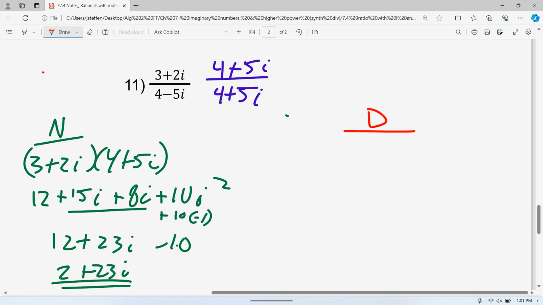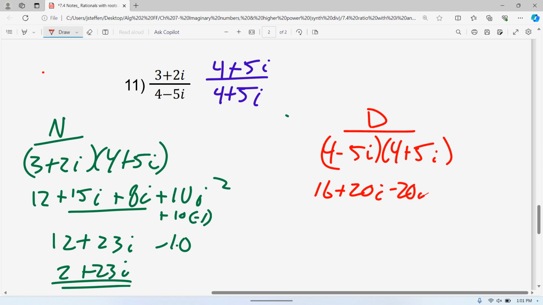Then we have 4 minus 5i times 4 plus 5i. 4 times 4 is 16, 4 times positive 5i is positive 20i, negative 5i times 4 is negative 20i, and negative 25i squared.